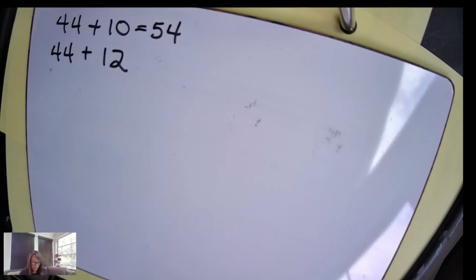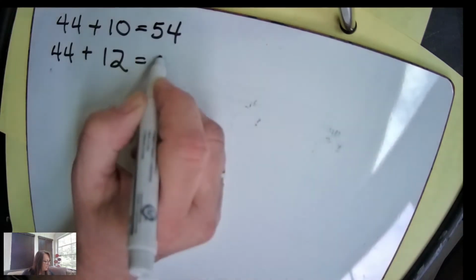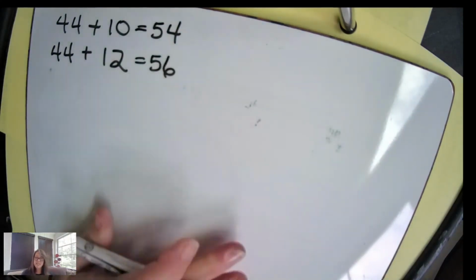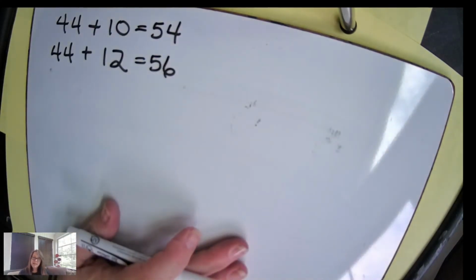Okay. Cameron says that he thinks the answer is 56. Do we agree or disagree with Cameron's answer, 56? Okay, everybody agrees with 56. Cameron, tell us how you thought about this problem.